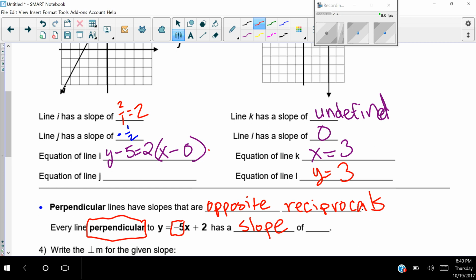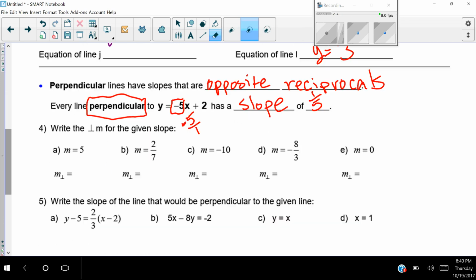That's going to be a positive. Reciprocal means, what is the reciprocal of 5? 5 has a 1 underneath it. So when we flip that, that's going to be 1/5. Now it's positive 1/5. Every single perpendicular line is going to have a slope of positive 1/5. So negative 5 is the same as negative 5/1.